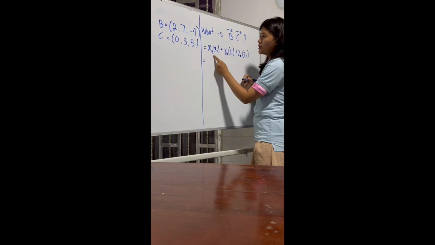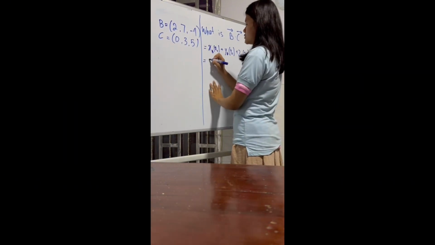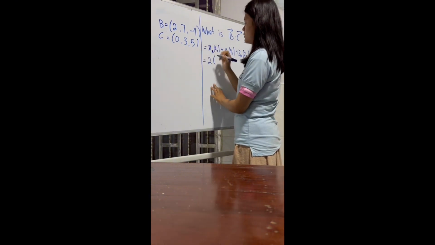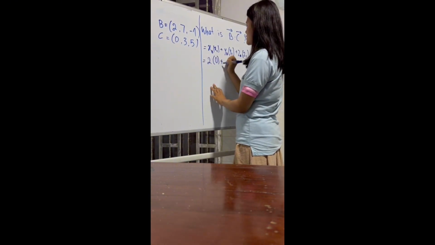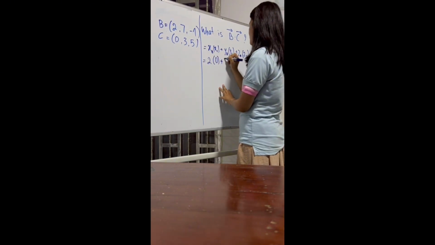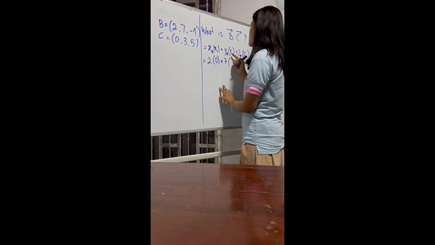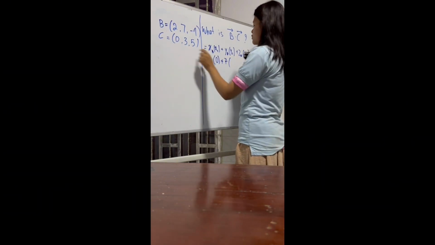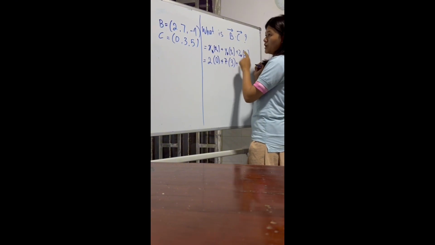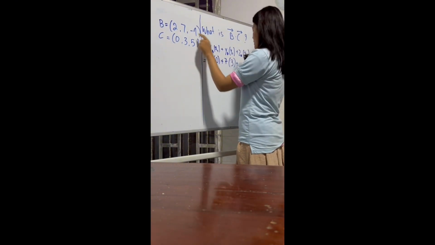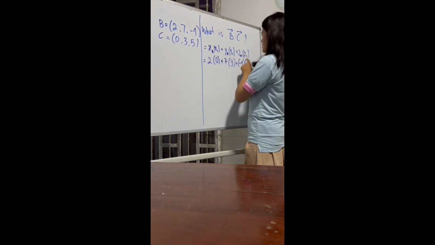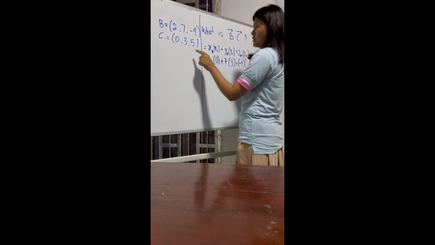The x of B is 2, times the x of C, which is 0. Plus the y of B, which is 7, times the y of C, which is 3. Plus the z of B, which is negative 1, times the z of C, which is 5.